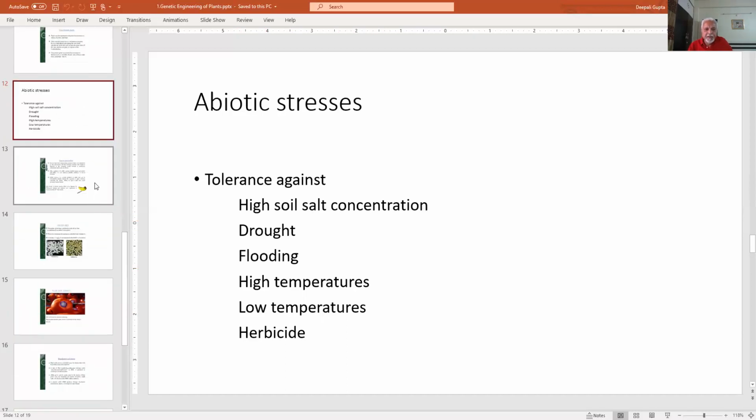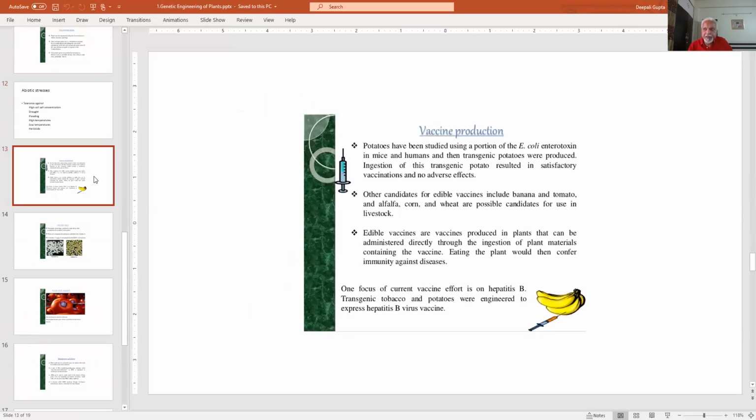And then, for example, vaccine production. If you see, this is not something new. It is about a three-decade-old concept. People started working on this for the problems they were facing with traditional vaccines, like transportation.